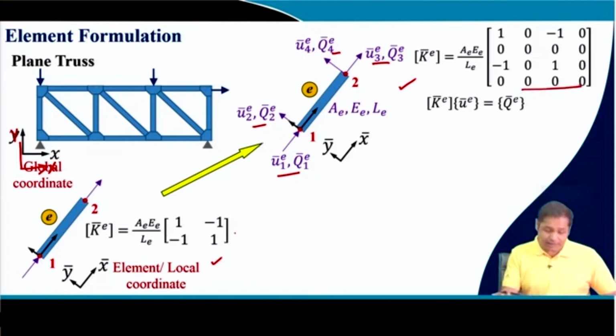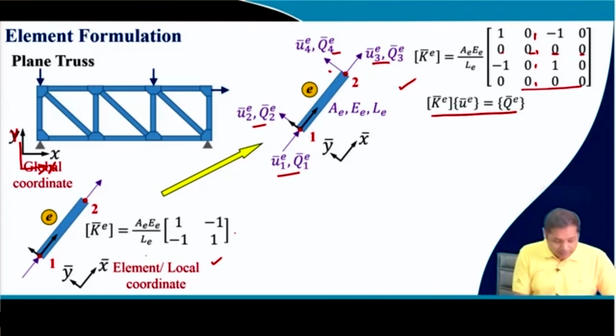These 2 essentially are the same. Because the deformation is only in the axial direction, there is no deformation in this direction. That's our assumption for a truss problem. So that's why the corresponding entries are 0. So essentially, if you write these equations, this equation gives you this stiffness matrix only.